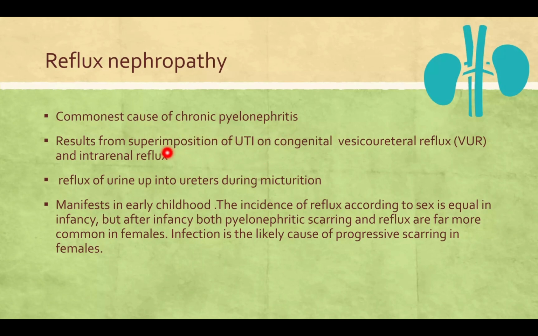It results from the superimposition of urinary tract infection on congenital vesicoureteral reflux, called VUR, and intrarenal reflux. Reflux of urine up into the ureters during micturition manifests in early childhood.